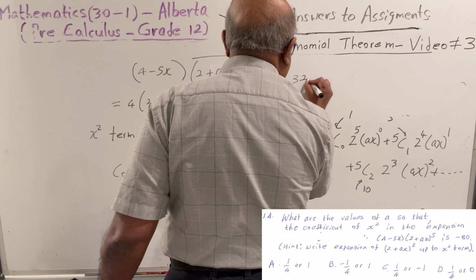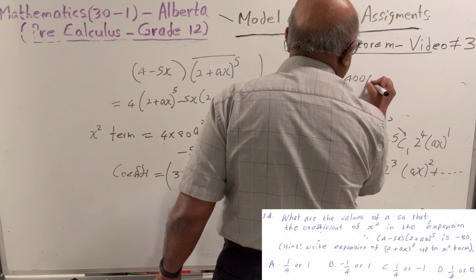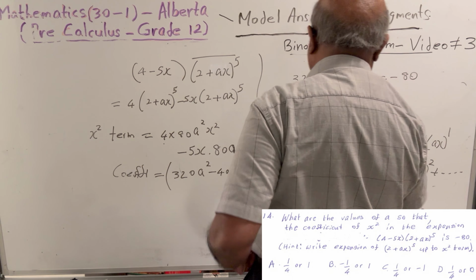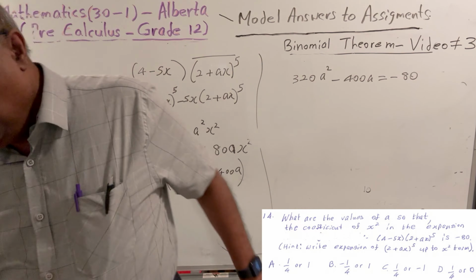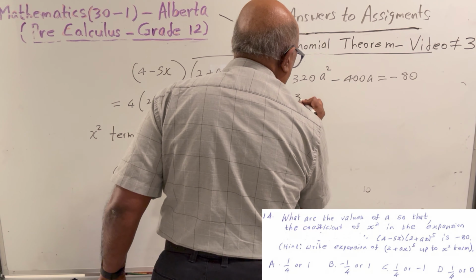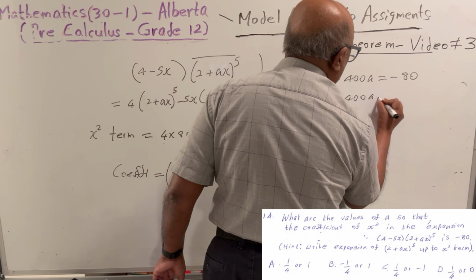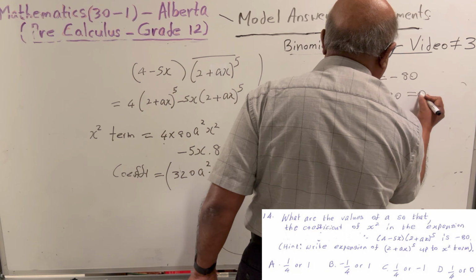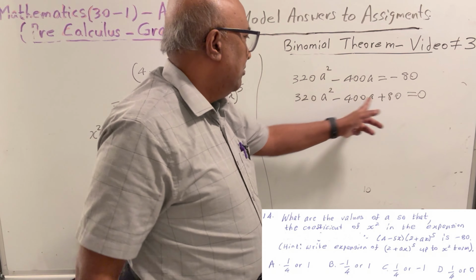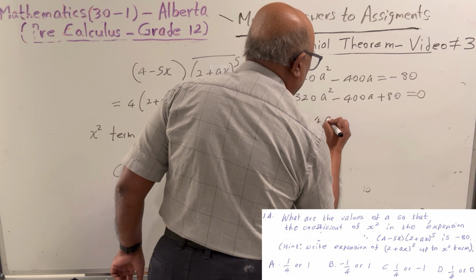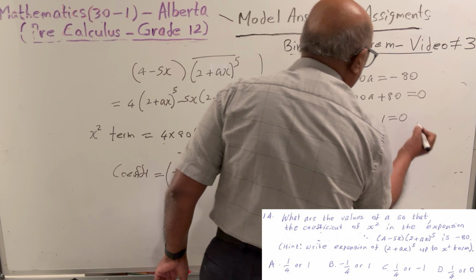That means 320a squared minus 400a is equal to negative 80. Let's try to solve this. 320a squared minus 400a plus 80 equals 0. If you divide everything by 80, you are getting 4a squared minus 5a plus 1 equals 0.